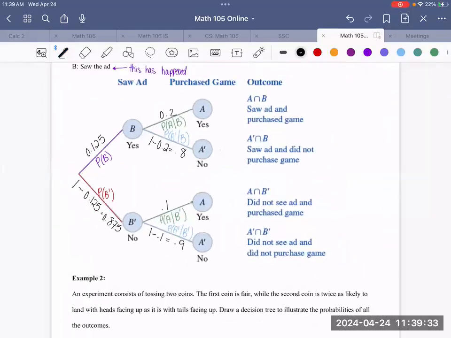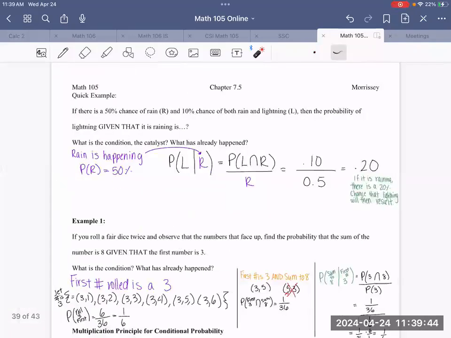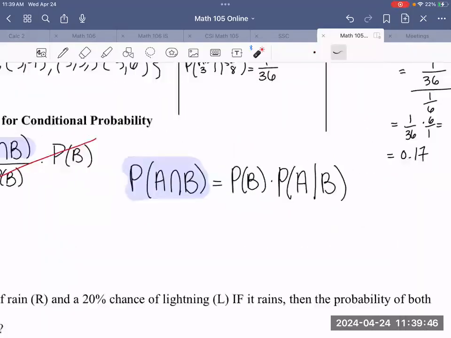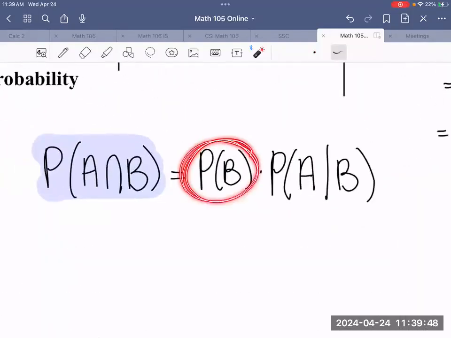Now, our end results. Your end outcome here is that they've now both happened simultaneously, which we now know how to calculate as down below. Here, the probability of B, it happened first, and then what resulted next?